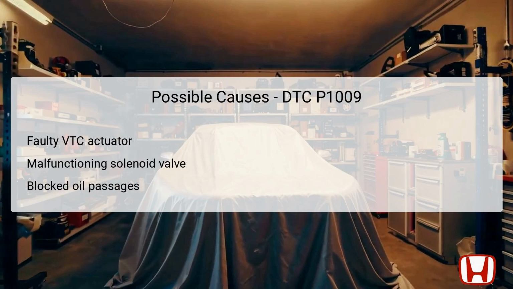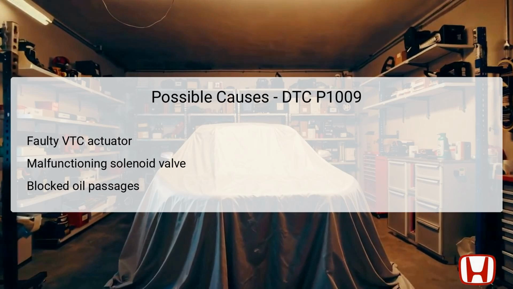Several factors can cause the activation of DTC P1009. The first potential cause is a faulty VTC actuator itself, which may fail to respond to commands appropriately, leading to valve timing issues. Secondly, the VTC oil control solenoid valve could be malfunctioning, impacting its ability to regulate oil flow to the actuator, thereby preventing proper function.